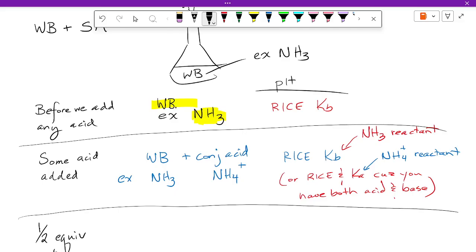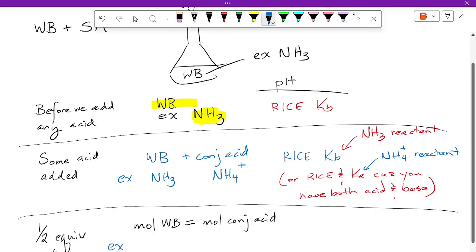We know that the moles of weak base are the same as the moles of the conjugate acid. So for example, the moles of NH3 are equal to the moles of NH4.